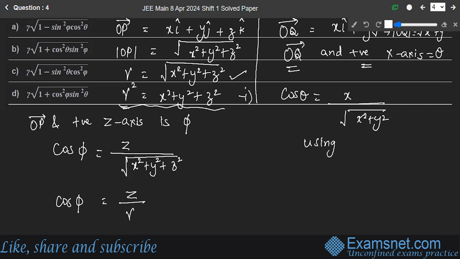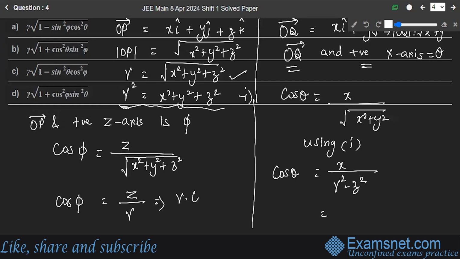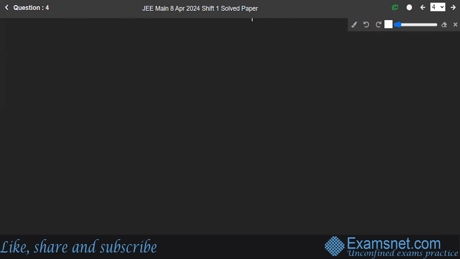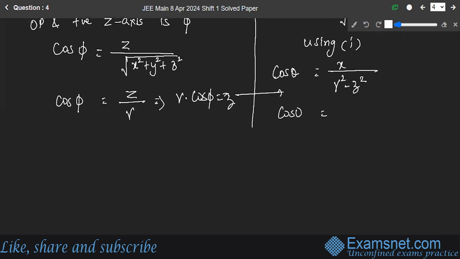So using 1, you will have cos theta is equal to x upon root of gamma squared minus z square, right? And z is equal to gamma into cos phi. Let's fill in over here. So you will get cos theta is equal to x upon root of gamma square minus gamma square cos square phi.